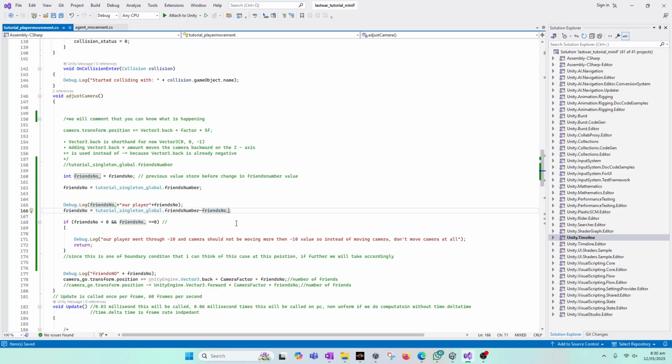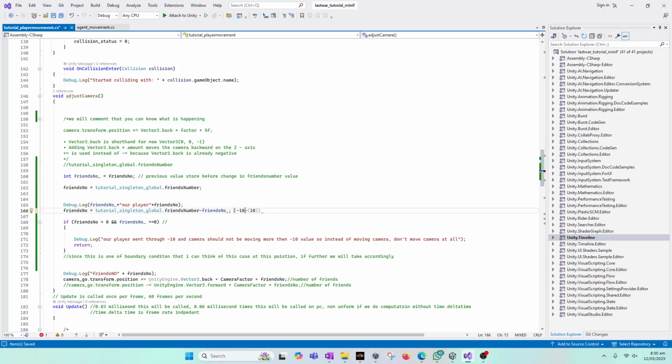So what this means is that our new number will be 0 in case of plus 10 and minus 10. So what it means is that if friends number value is 10 and then we pass through minus 10, then the value will be cleared.